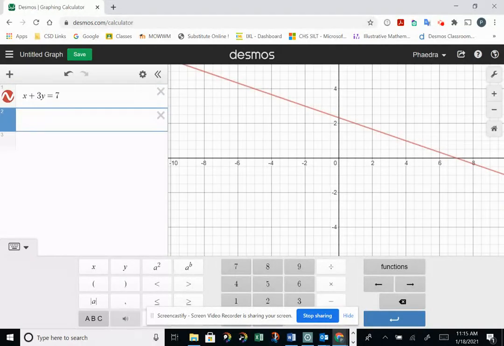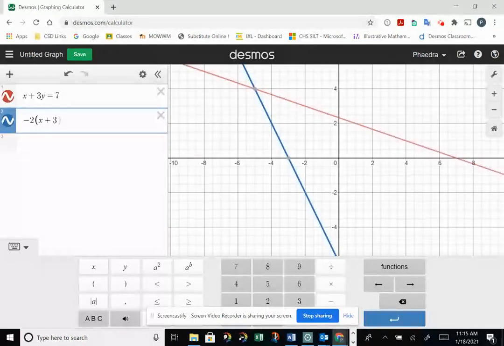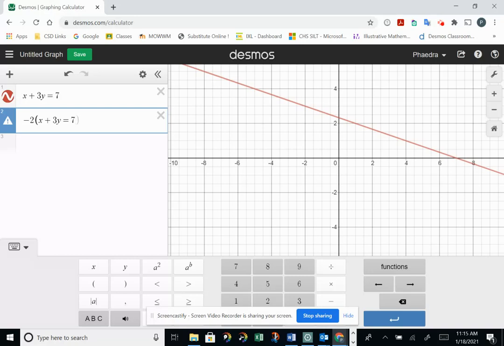Now let's see what happens when I go through and multiply this by -2. I'm going to multiply that whole thing, so I'm going to put parentheses around the whole entire equation. So it should be x plus 3y equals 7. And then you close your parentheses.